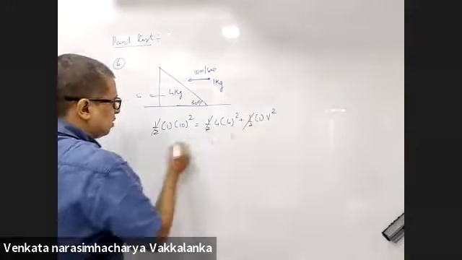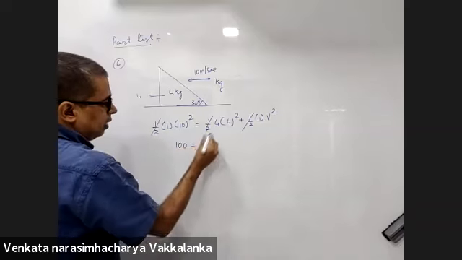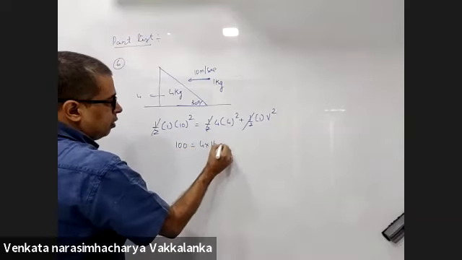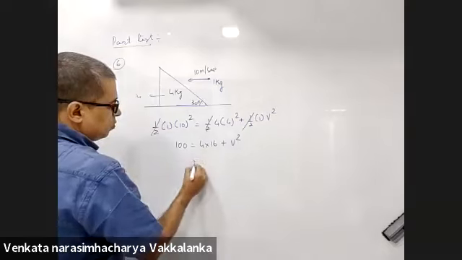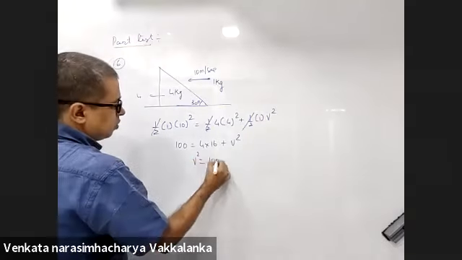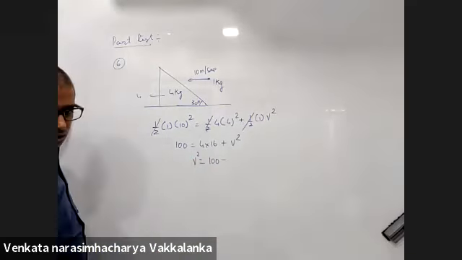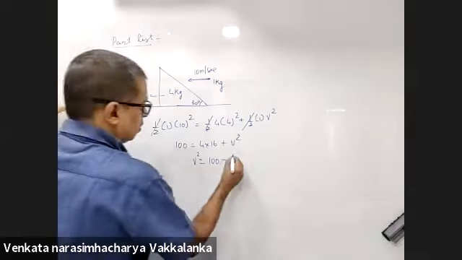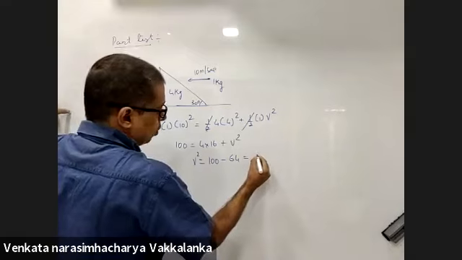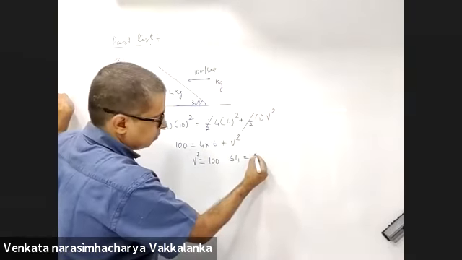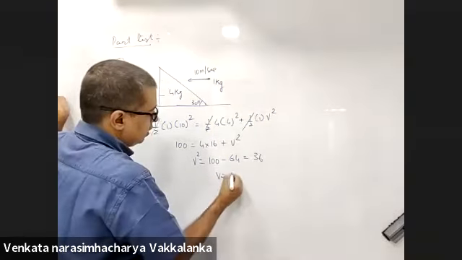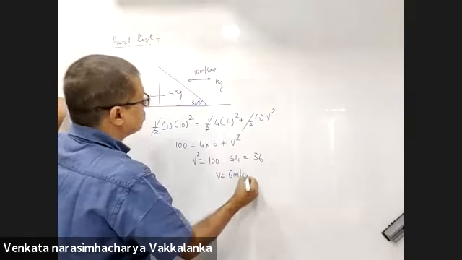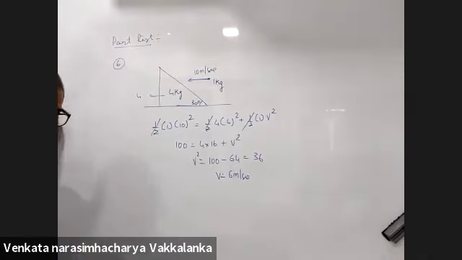So half gets cancelled out. 100 is equal to 4 into 16 plus v square. V square is 100 minus 16 into 4, how much? 64. 100 minus 64 is 36. So v is 6 meters per second, the velocity after collision.